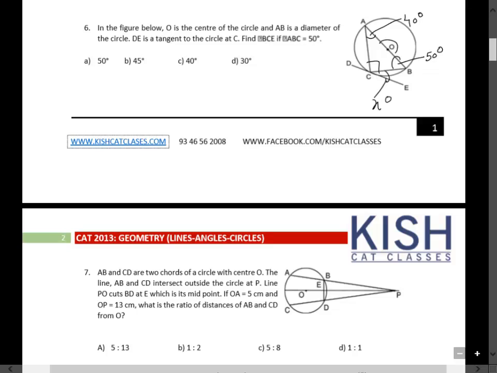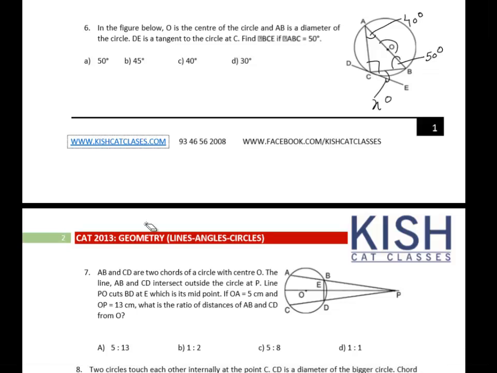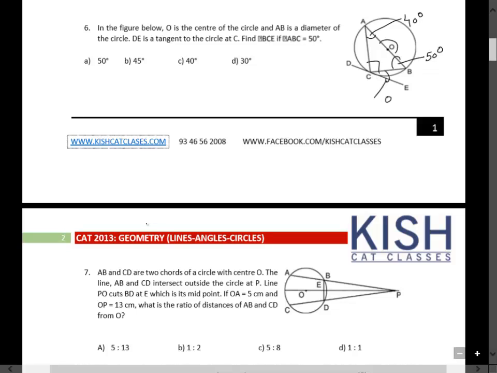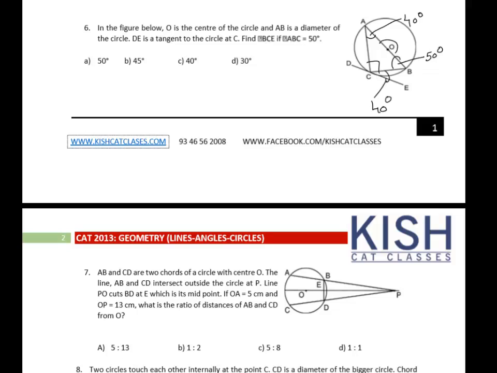So that's what was asked, right? BC is also x degrees, which means it is equal to 40 degrees because these two are equal. So observe these things. We are going to use chord, tangent, and radius to find the answers.